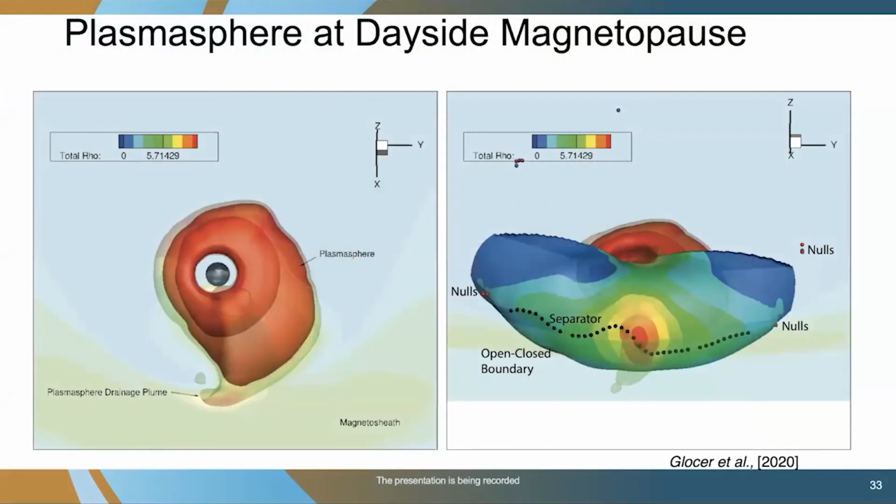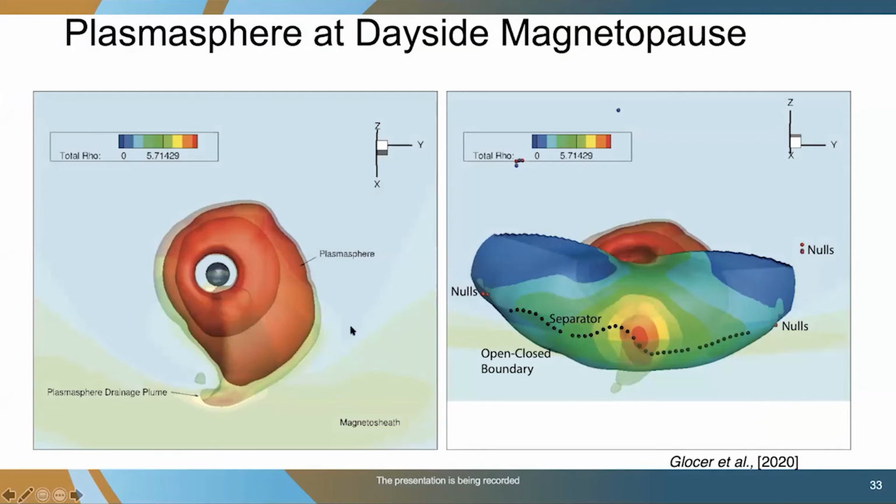So when we do that, we find that once the storm gets going, we start to create a plasmasphere drainage plume. So here this is a top-down view showing different isocontours of the density, and you see that you're getting this plume that's drawn out towards the dayside and encounters the magnetopause.